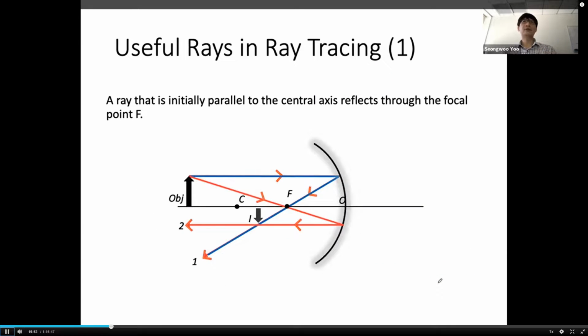And then I would like to introduce a few useful ways to construct the ray diagram. First, let's have a look at this blue line. An incident parallel ray will be reflected through the focal point. And an incident ray through this focal point will be reflected as a parallel ray.